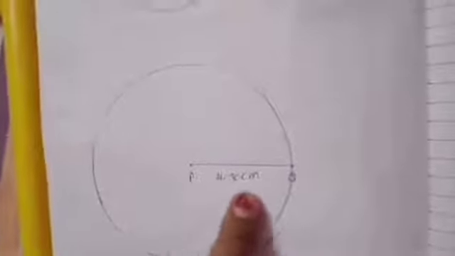Now we have to take the measure of PQ, and now we have to keep one end point of the rounder at P, and we have to draw a circle. Full round we have to draw. So then only we will get a circle. So it is a circle of radius 4.8 centimeters.